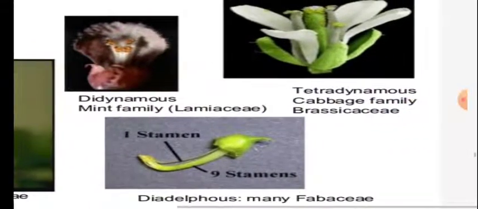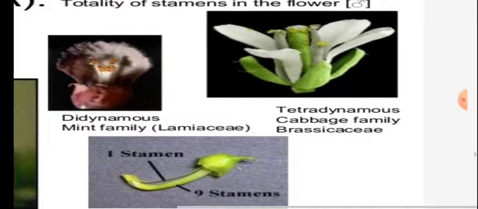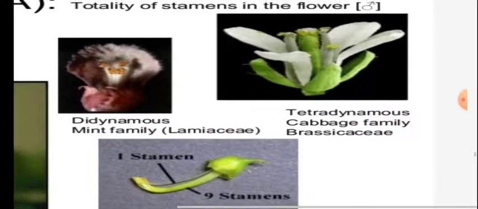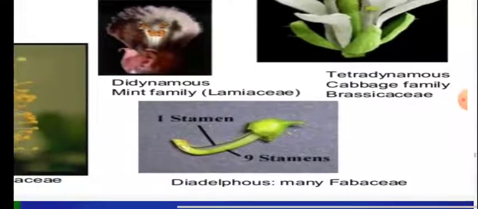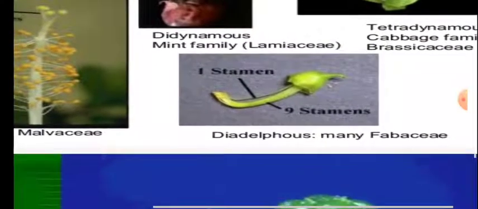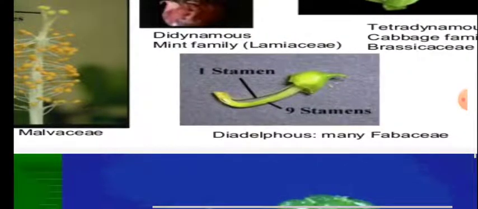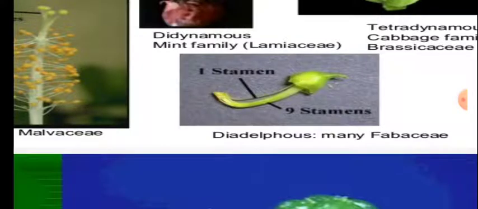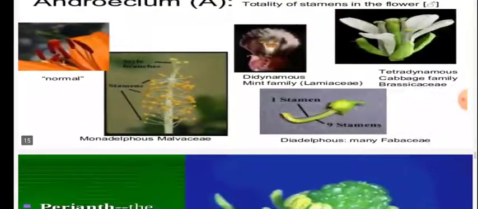Then tetradynamous: four are longer, two are shorter, six in total. Then diadelphous, generally seen in family Fabaceae, is 9 plus 1, so 9 are in one group and 1 separate. Then monadelphous, a good example is our Hibiscus, family Malvaceae.